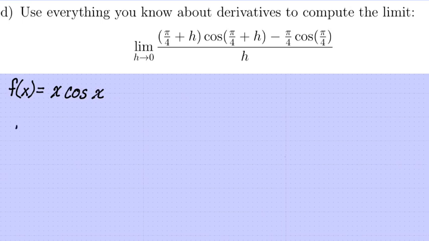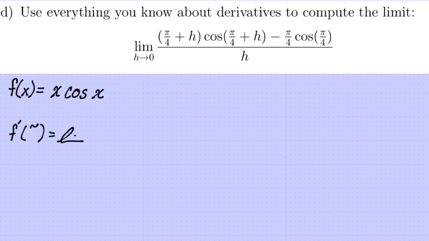Because now, if we try to find f prime of x using the limit definition, I'll change that x to a, and what point do you think we're going to be looking at?